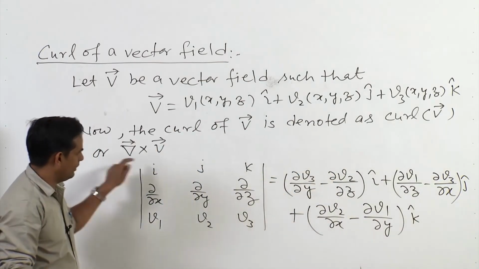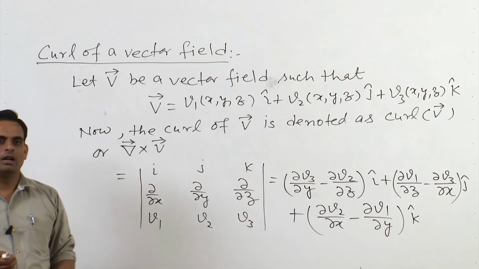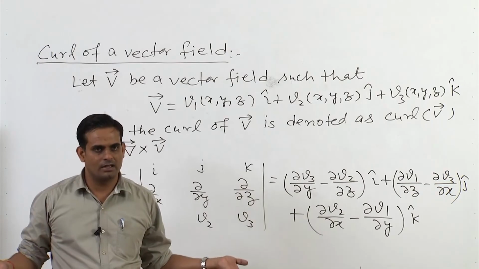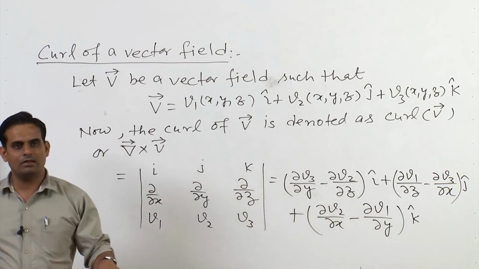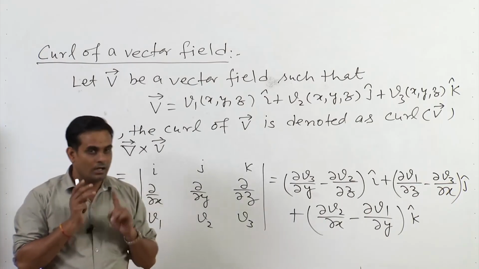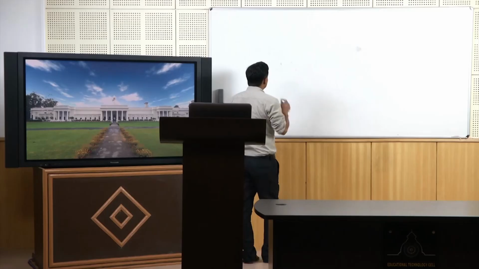So, this is the curl of V. Again you can notice the curl of a vector field is again a vector function, while the divergence of a vector function is a scalar function, and the gradient of a scalar function is a vector function.